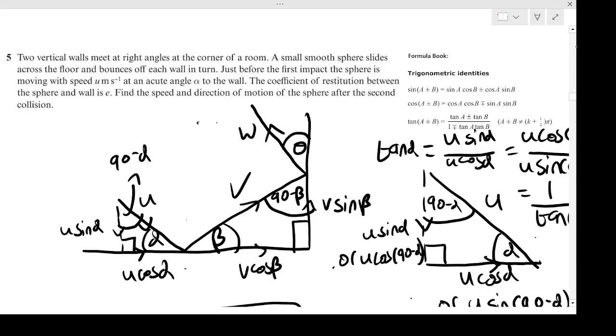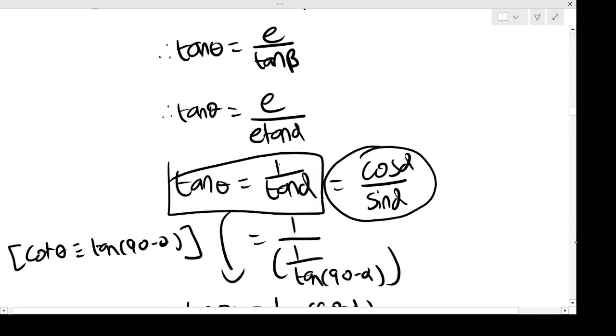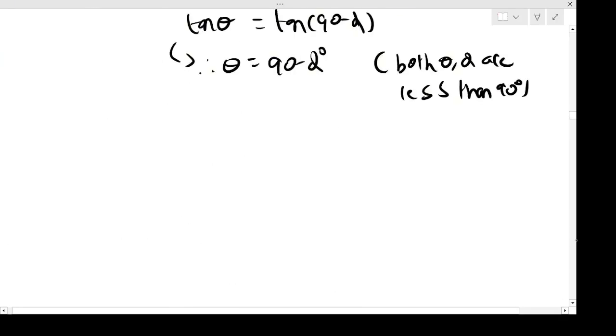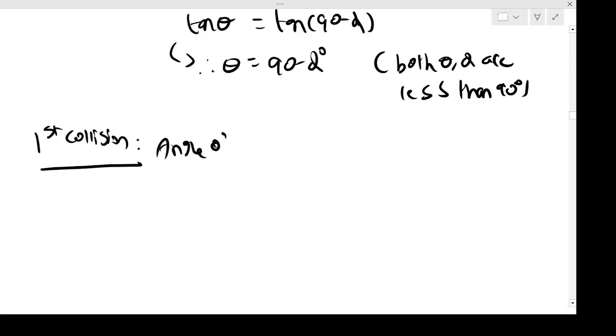So for the first collision, the angle deflection is just the two angles added together. So alpha and beta here added together, right? Again, we looked at that previously. I'm not going to go over that in too much depth here. So for the first collision, angle deflection is alpha and beta.